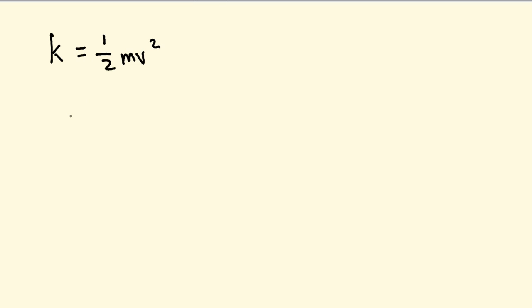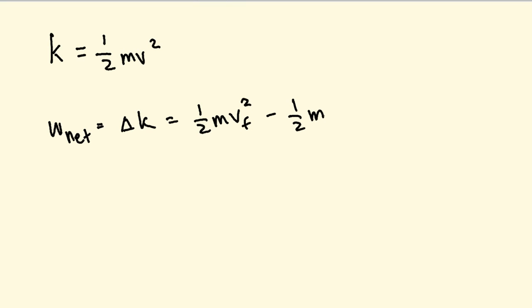And this is going to become useful when you start having to deal with work as opposed to energy. Because now the net work is equal to the change in kinetic energy, which is equal to 1/2 mv squared final minus 1/2 mv squared initial.